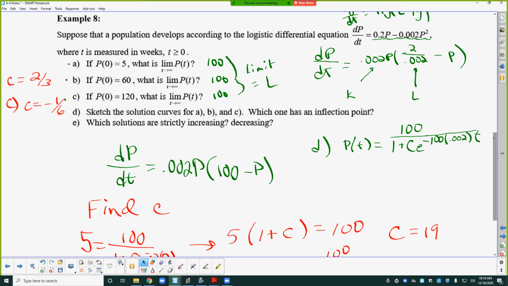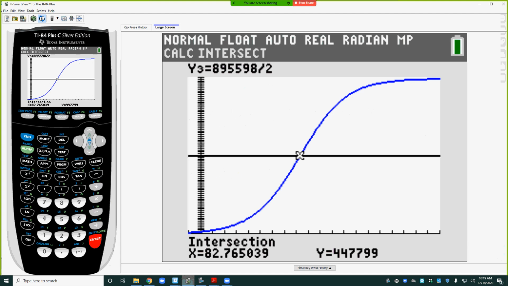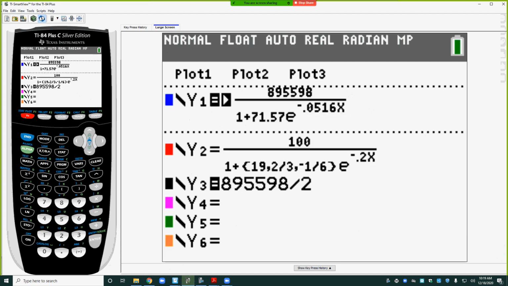So now let's go ahead and look at the graph. I'm going to graph those three equations. In A, C is 19. In B, C is positive 2/3. In C, negative 1/6. So let's graph that. Y equals. I don't feel like typing over and over again, so I did my array business again.